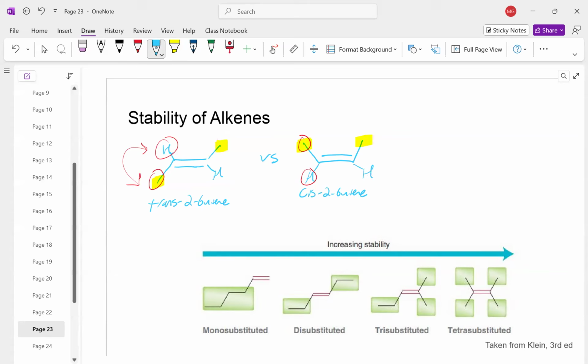Now, in general, the trans isomer is more stable than the cis stereoisomer.